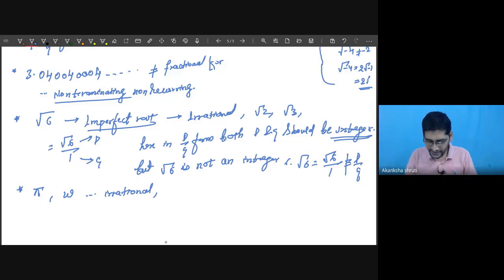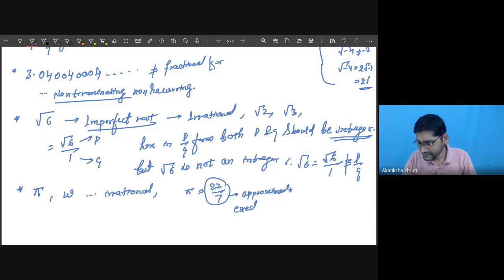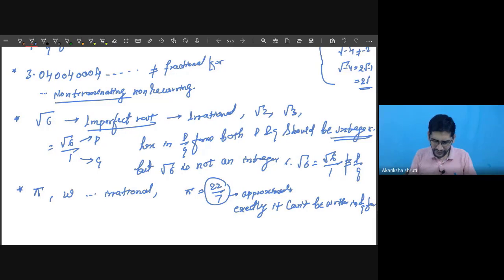But for simplicity of calculation, pi is taken as 22 by 7. But do not think the exact value of pi is 22 by 7. This is your approximate value, which is in P by Q form. But exactly it cannot be written in P by Q form. Get it? Therefore, this pi is irrational.